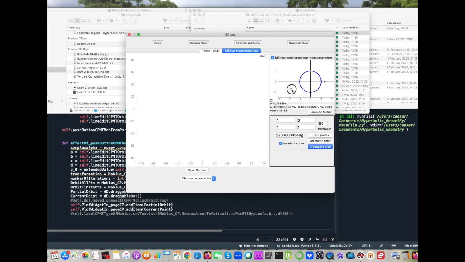And this other one is if I want to see the behavior of a loxodromic one. So let me see. Let's start maybe with an elliptic one. Admittedly, I think this program has floating point problems, and you see here the set of alphas for which you have a loxodromic one is dense.